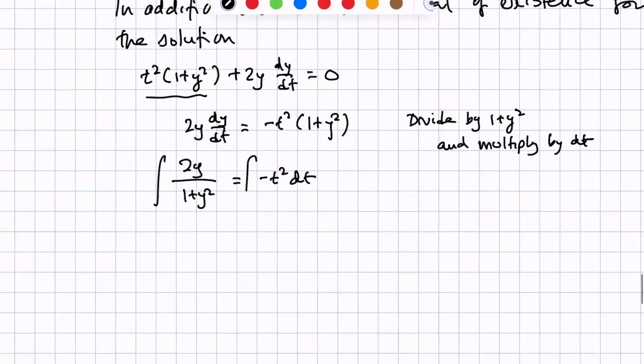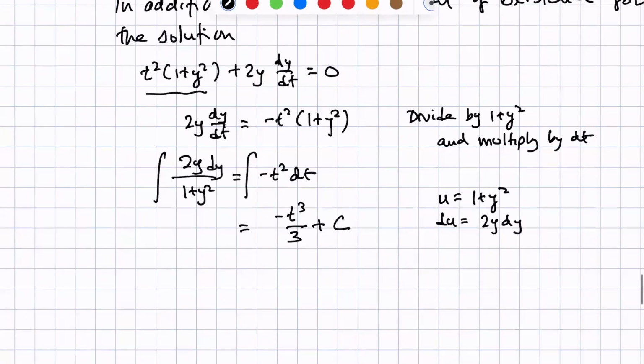Let's integrate both sides. The right side is easy. It's minus t cubed over 3 plus a constant. The left side is a u substitution. u equals 1 plus y squared, du equals 2y dy.